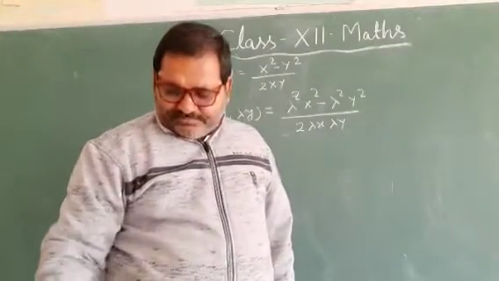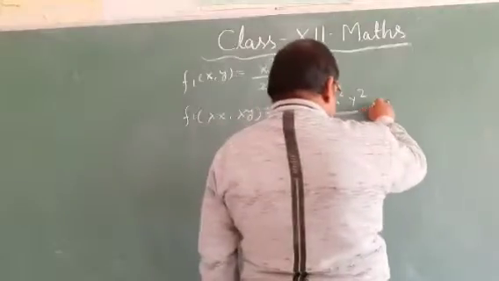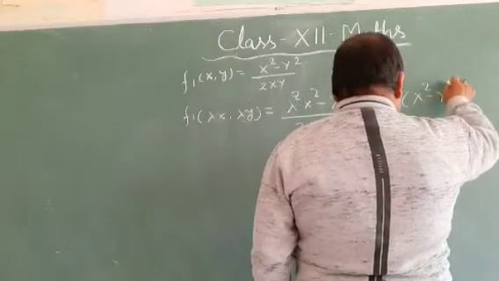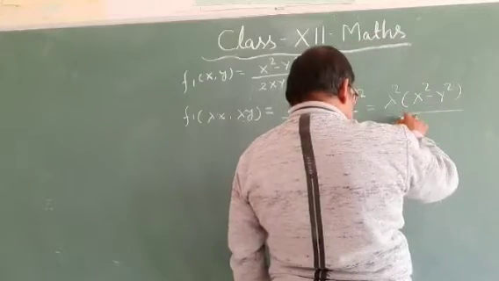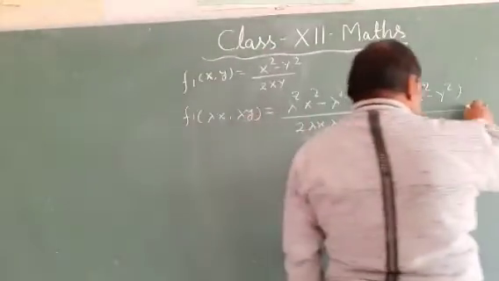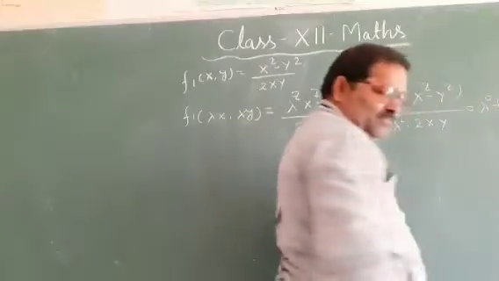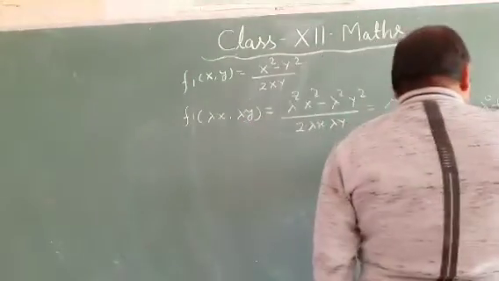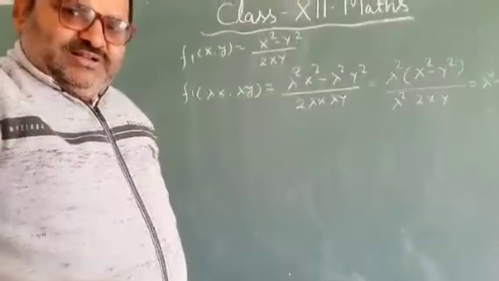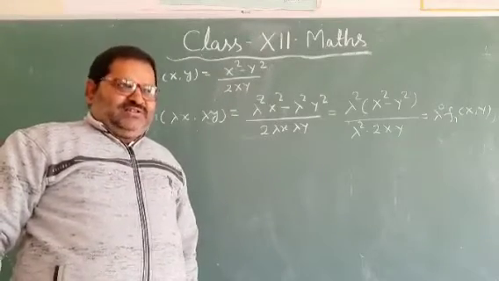That's equal to lambda square (x square minus y square) upon lambda square 2xy, and that's equal to lambda power 0 f1(x, y).